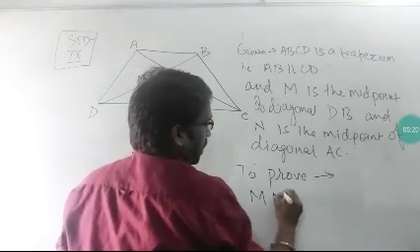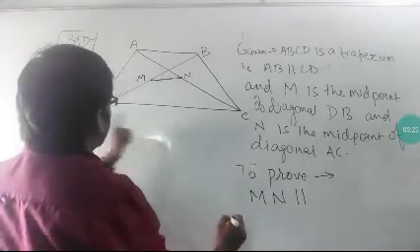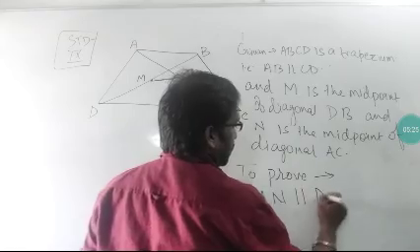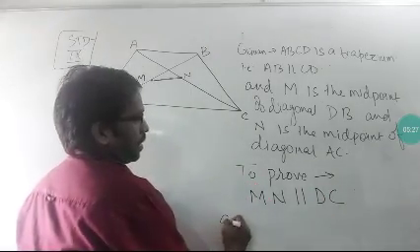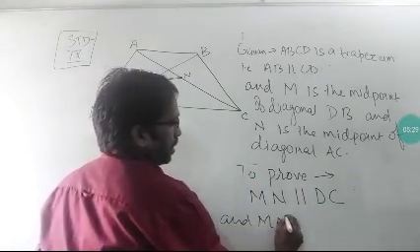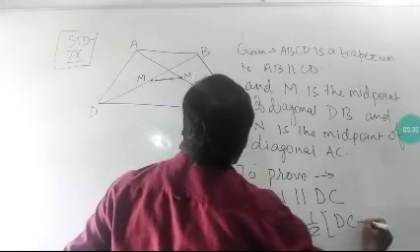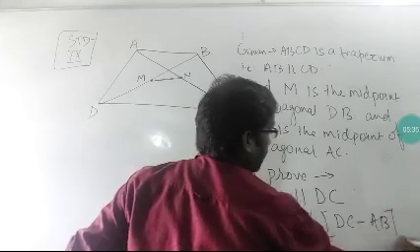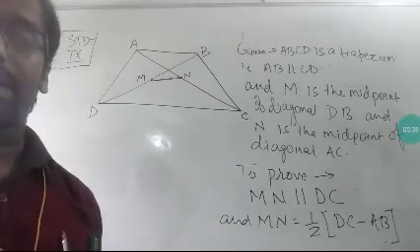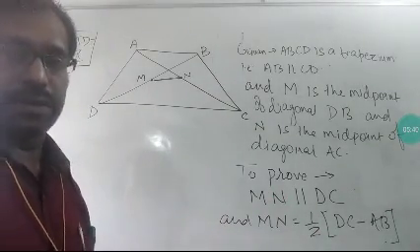That MN is parallel to DC, means parallel to AB also. If this is parallel to DC, that means it is parallel to AB also, and MN is equal to half of DC minus AB. Okay, understood what we have to prove here? Okay, so let us start that.